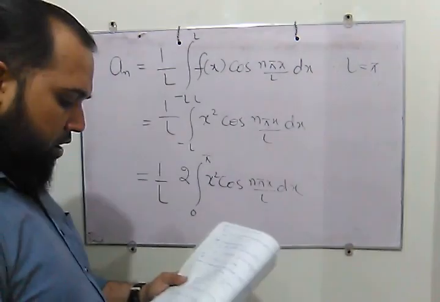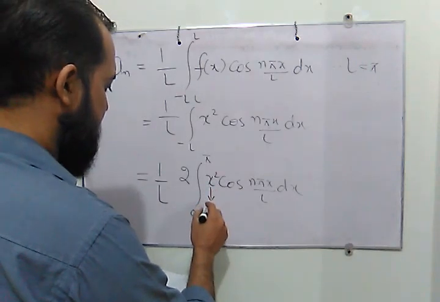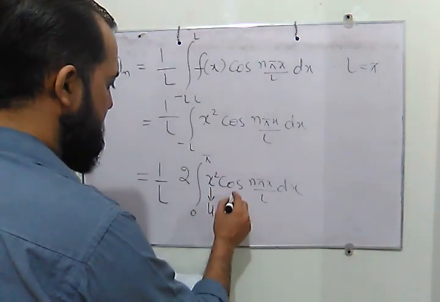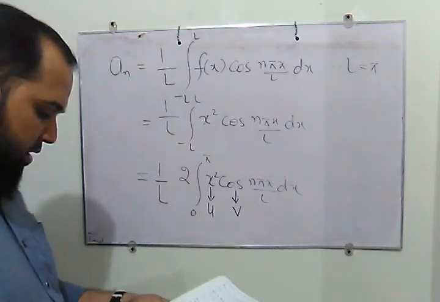Now we are going to solve it using the Leibniz successive integral. We take this as u, we take this one as v, as we have already decided.